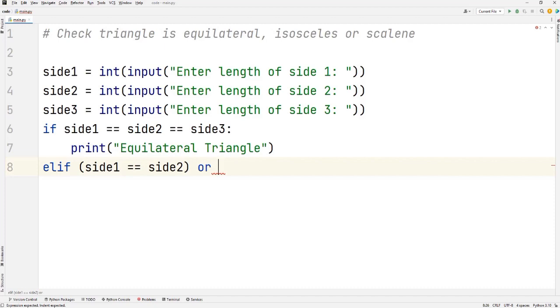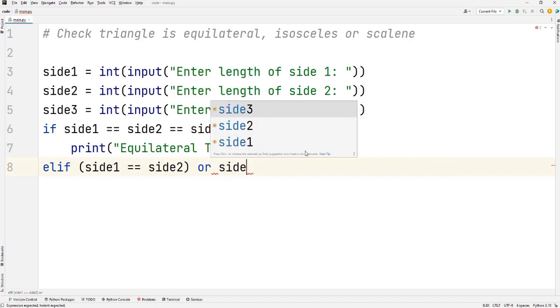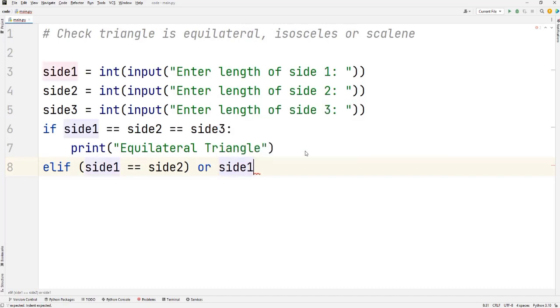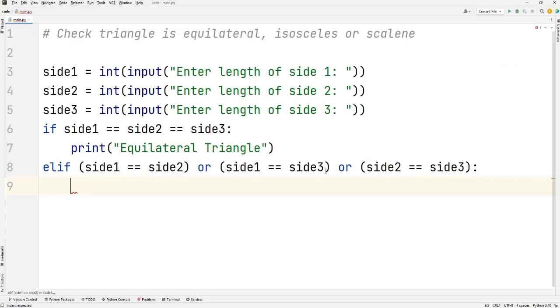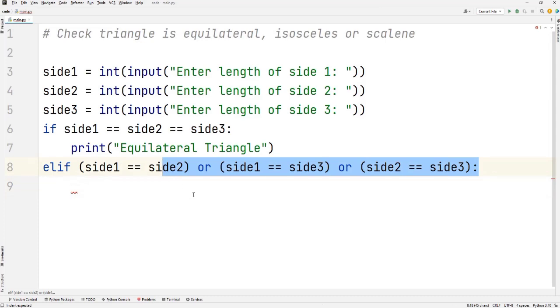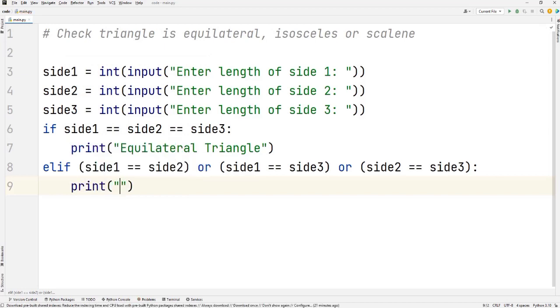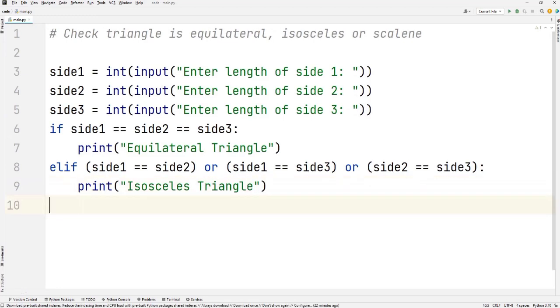So that's why I'm using the OR operator. Next we have side 1, side 3, and I'm also putting them in brackets. So this is the condition. I have put all these conditions. If any two of the sides are equal, then it is going to print the triangle is isosceles triangle, right?